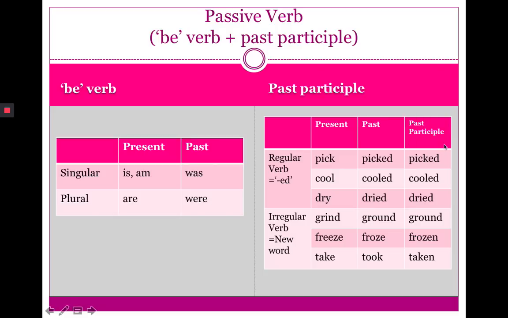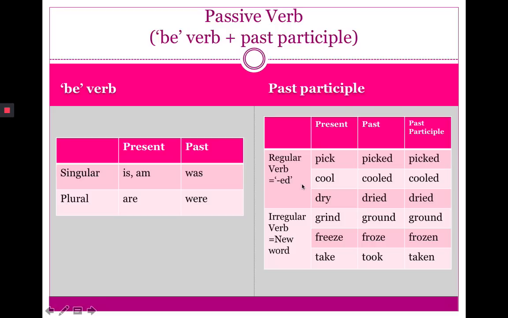Okay, right. So what are the differences? Most of the time there are not many differences. Okay, so if you are using any regular verb, which let me tell you, most of the verbs are regular verbs. Okay, we have a lot of verbs that come in the form of regular verbs.